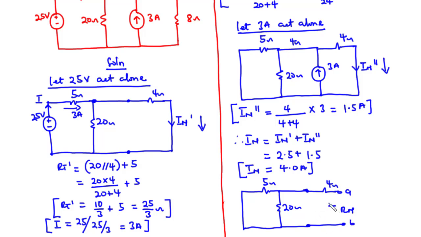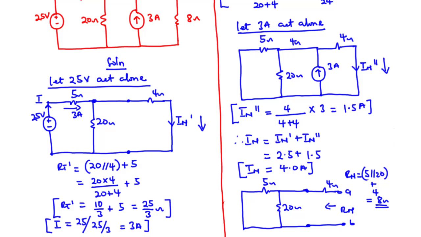So looking through this terminal, 5 and then 20 are connected in parallel, and then their combination is in series with this 4 ohms resistor. Therefore we have Rn equals 5 parallel 20 all plus 4. Now 5 parallel 20 is 4, therefore 4 plus 4 is 8. So we have Rn to be 8 ohms.